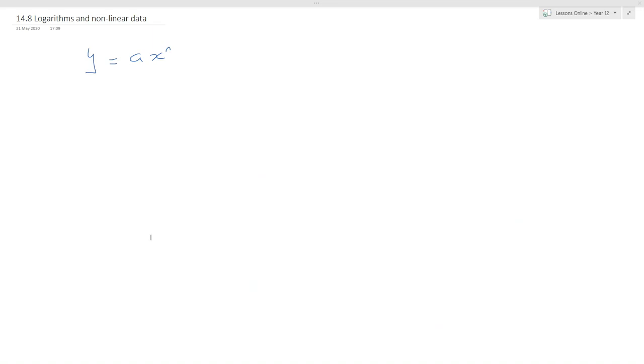Okay, if we look at the exponential equation y equals ax to the power of n, we take logs on both sides. That's going to give us log of y equals log of a x to the power of n. Now we can simplify the right hand side using the addition rule.